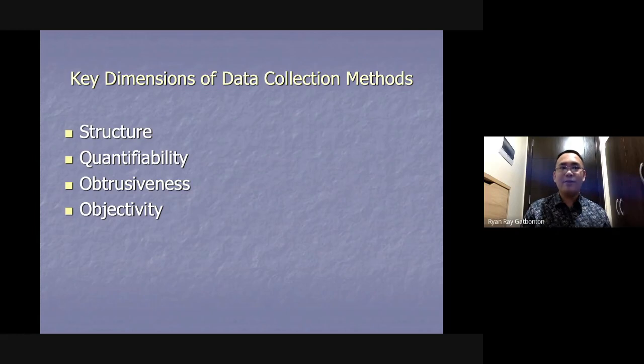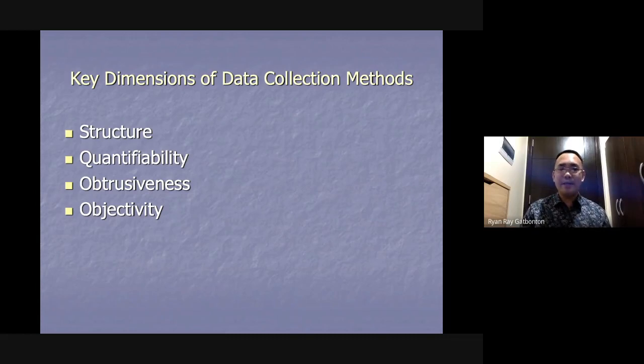Or the more structured it is, the more form or the more questions or expectations you're looking for. It can be characterized by its quantifiability, the capability to count or measure your variables by numeric values.